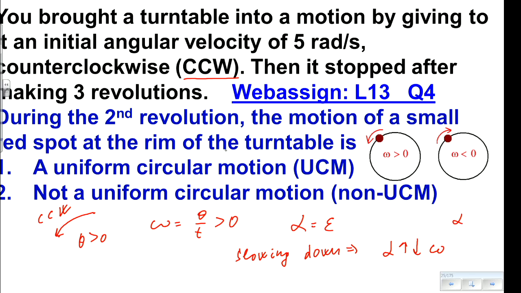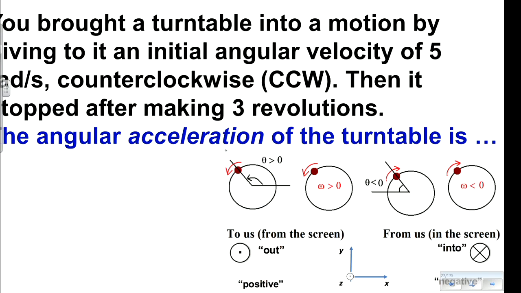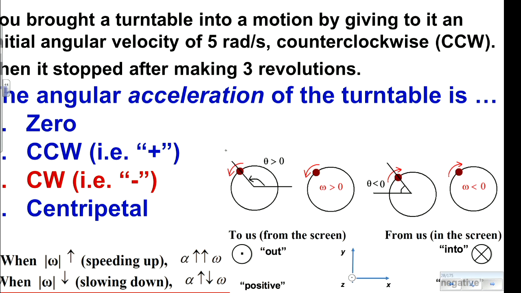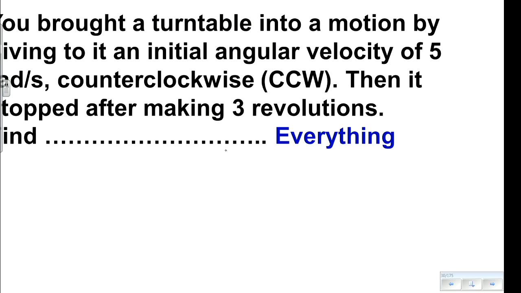In this situation, it means acceleration should be negative. Exactly the same reasoning as before. So not uniform, and alpha is negative, and that's the answer. This is what we need to imprint in the memory. Speeding up means angular velocity and angular acceleration are parallel to each other. Slowing down means opposite, or anti-parallel.